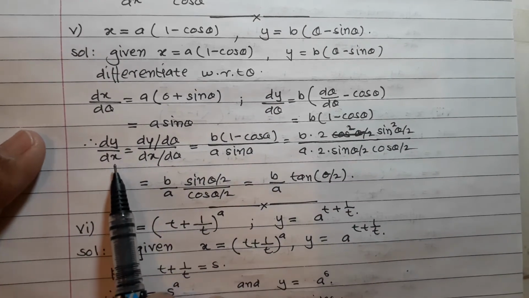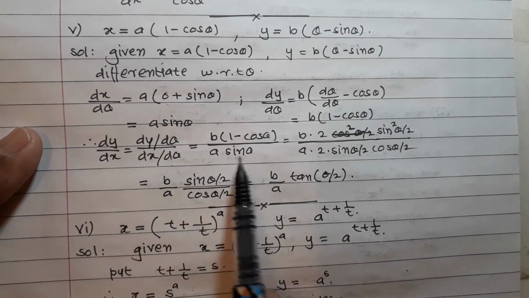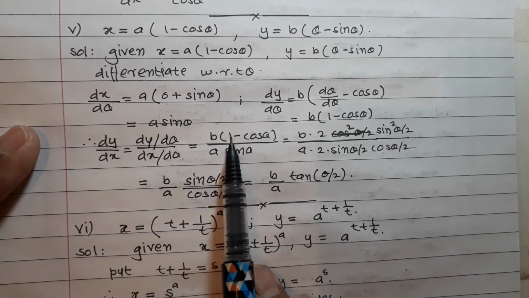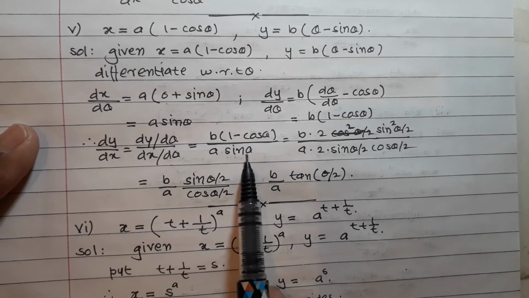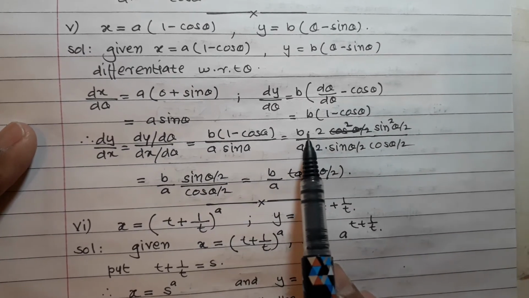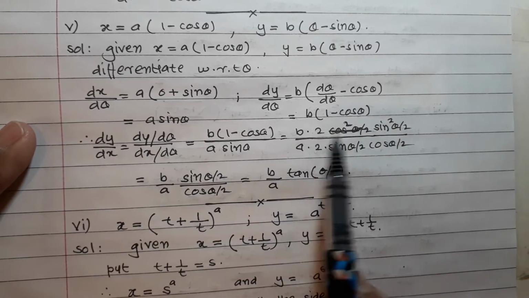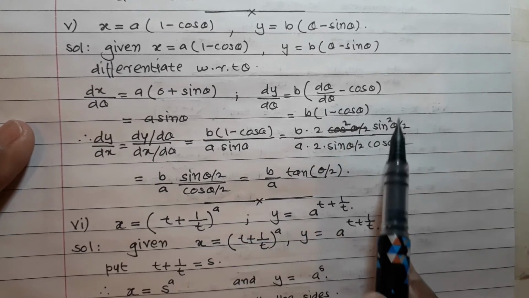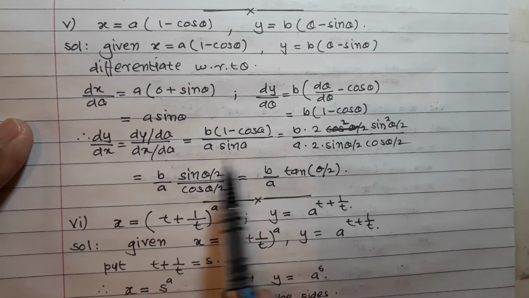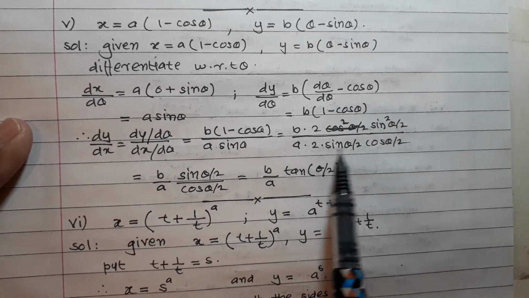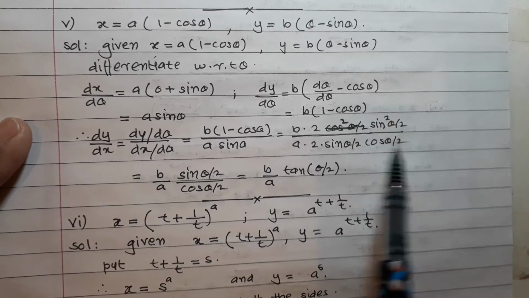So dy/dx = (dy/dθ)/(dx/dθ) = b(1 − cos θ)/(a sin θ). Now 1 − cos θ = 2 sin²(θ/2), and sin θ = 2 sin(θ/2) cos(θ/2).